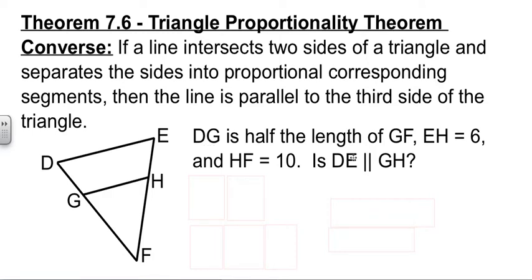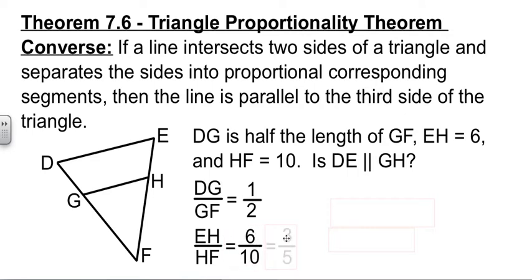DG is half of GF. So DG to GF, they tell me that DG is half of GF. EH to HF, let's see how that compares. 6 to 10, which is 3/5. They're not the same ratio.